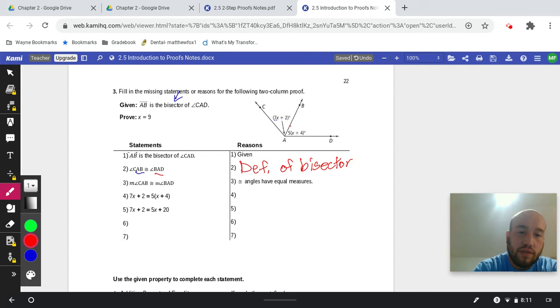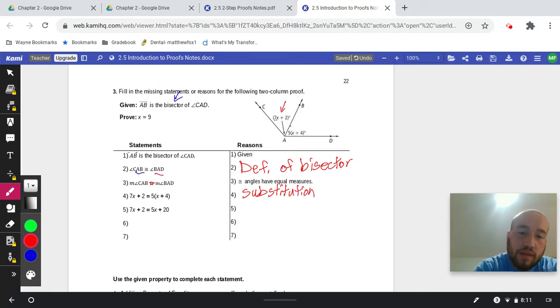Now, from line 2 to 3, if these two are congruent, that means their measures are going to be equal. Right here, that should be an equal sign because these congruent angles have equal measures. Now, to get from line 3 to 4, we're going to substitute, so substitution.